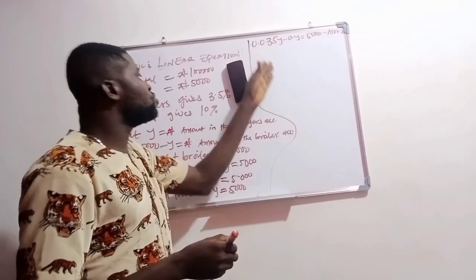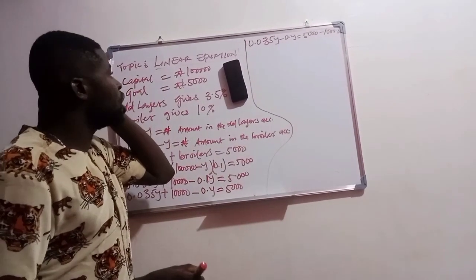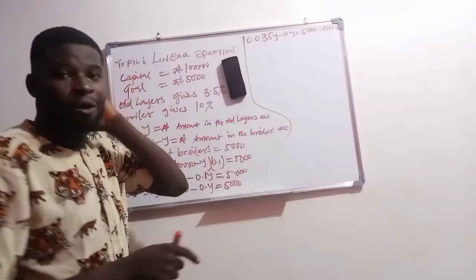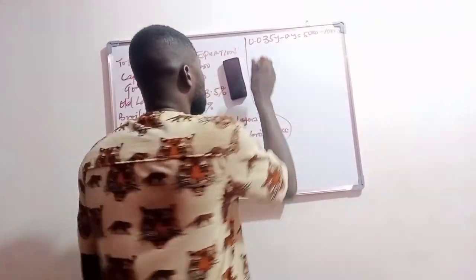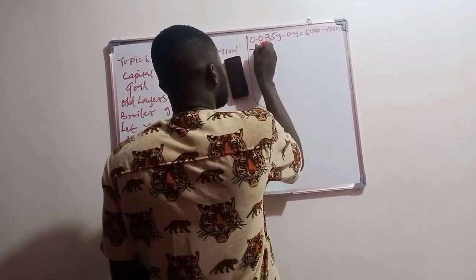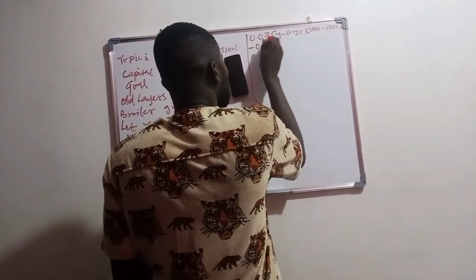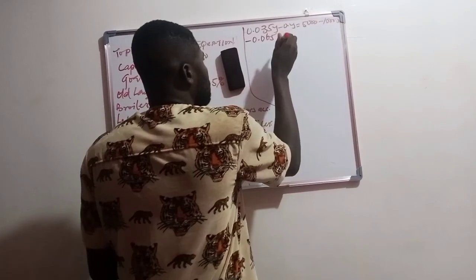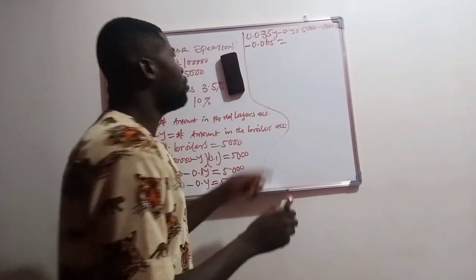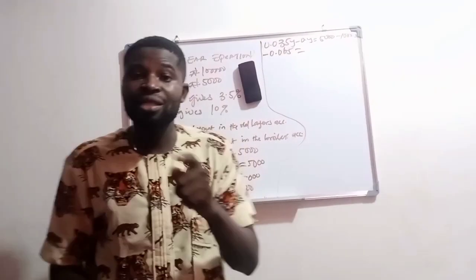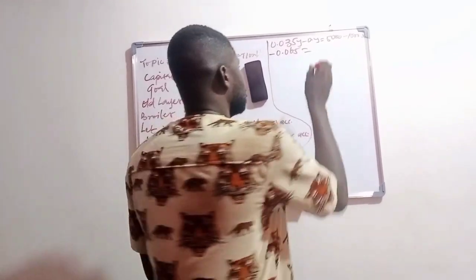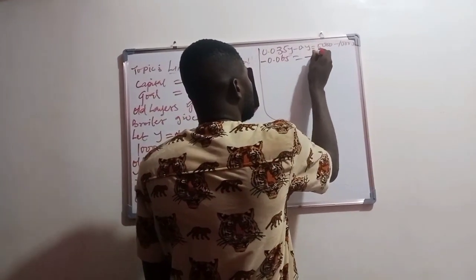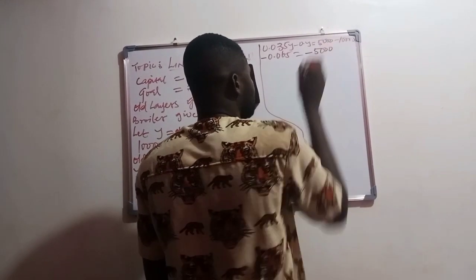Now, from this, 0.035y minus 0.1y should give us what? Minus 0.065y, which is equal to 5,000 minus 10,000, which is minus 5,000.